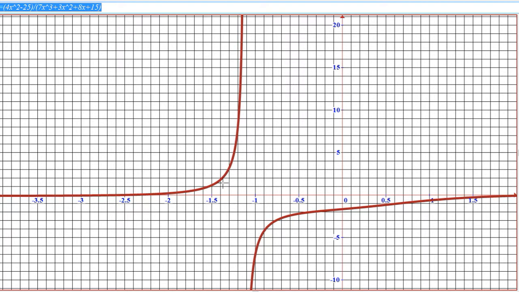Okay, there's our graph. Let me also graph just the ratio of those first terms, which was 4/7x.